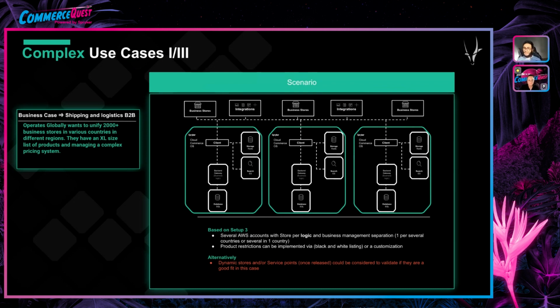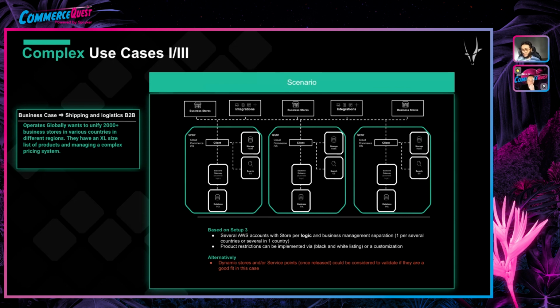Since it is in various different regions, you try to define how to group the regions into an AWS account, or one setup, based on which parameters. Grouping is a very necessary step here to decide which countries you can put together and which countries you cannot put together in the same setup. And this normally matters based on the business logic, the interactions with the integrations, and also the region.